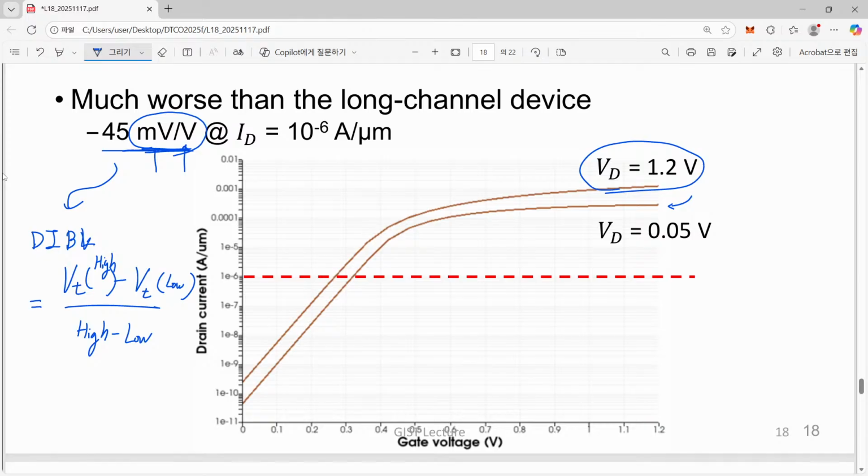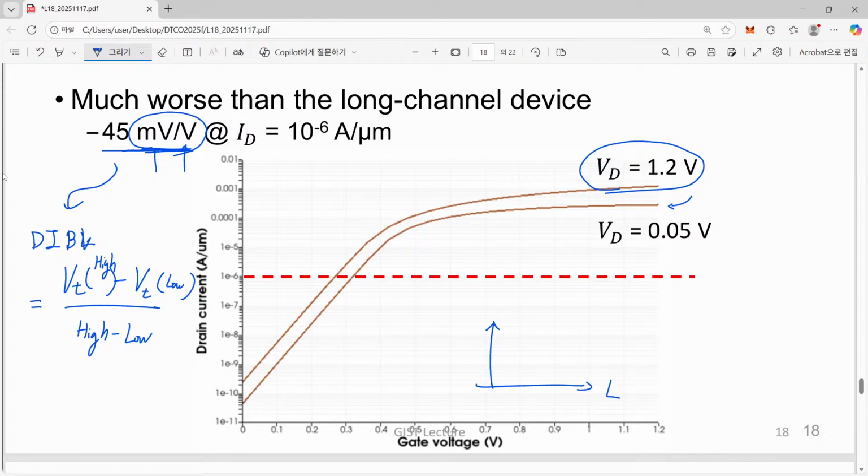If you are performing a term project, one possibly interesting topic is changing just the channel length of your transistors, then trying to measure DIBL. You will find that DIBL gets worse quite rapidly.